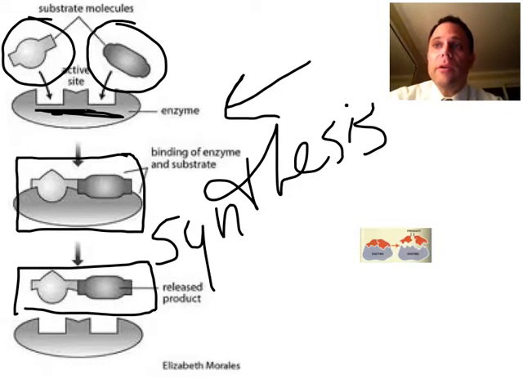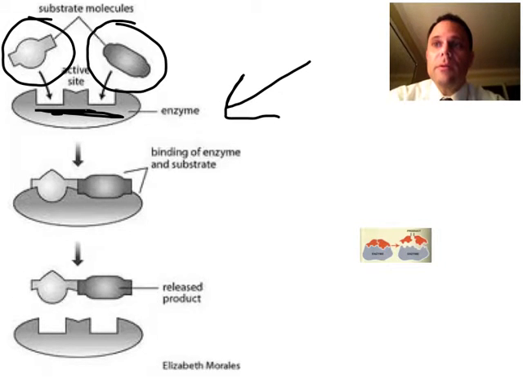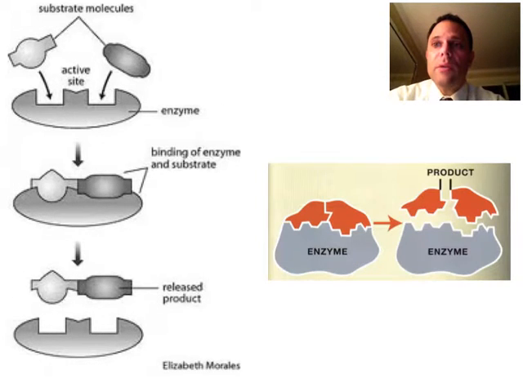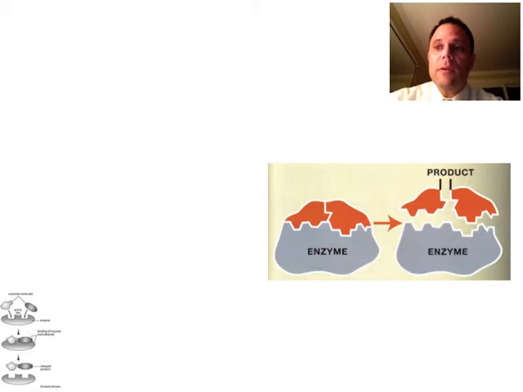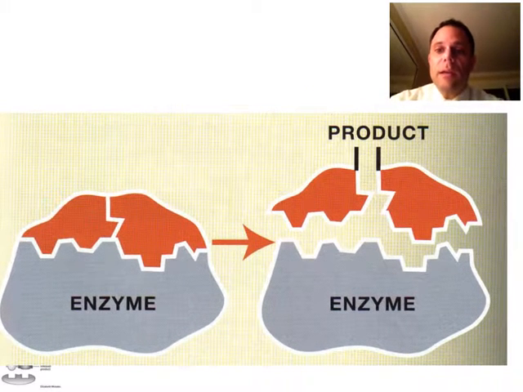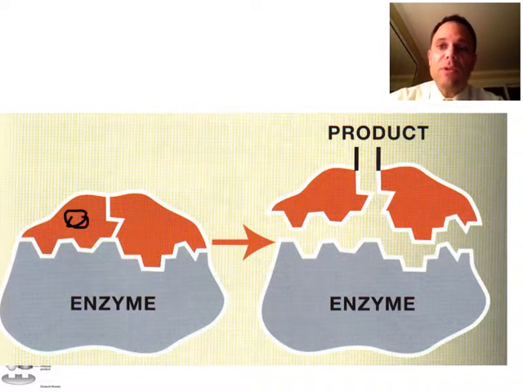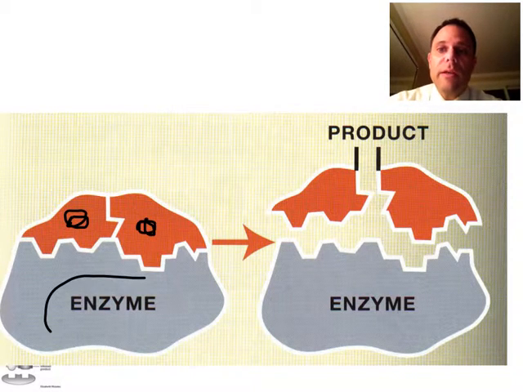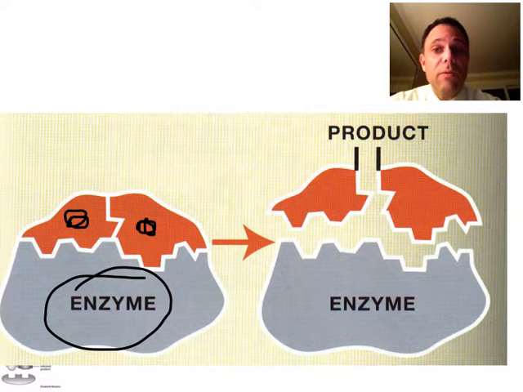Now, on the other hand, let me erase these. Bear with me. There we go. Shrink this one. Take a look at this one. Make it bigger. Now in this picture, we have substrate, substrate, enzyme, lock and key model.